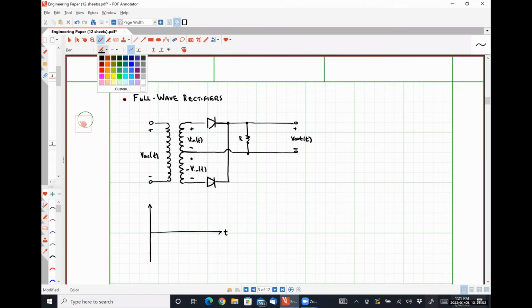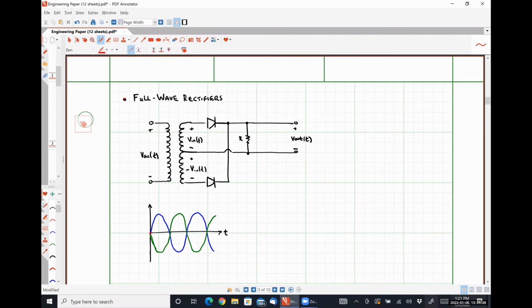I'm going to do positive Vn in blue, and negative Vn in green, like so. And then what our output should look like would be something like this.